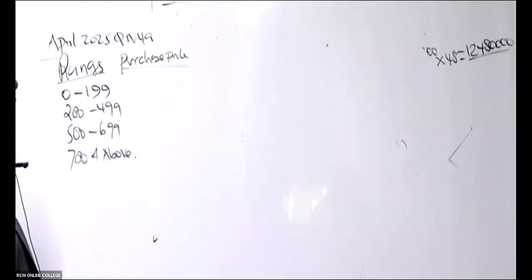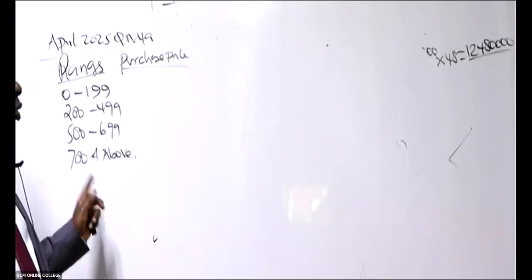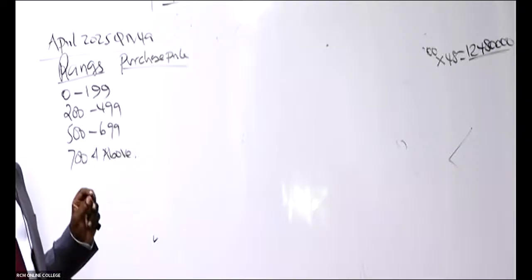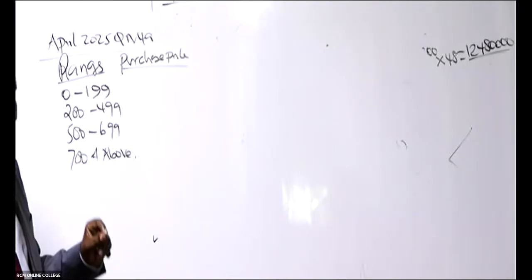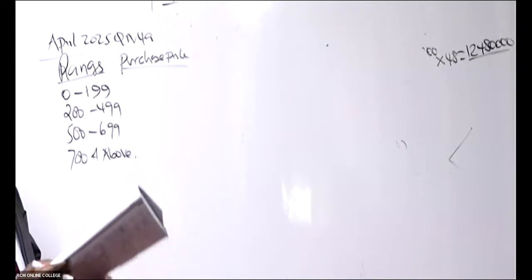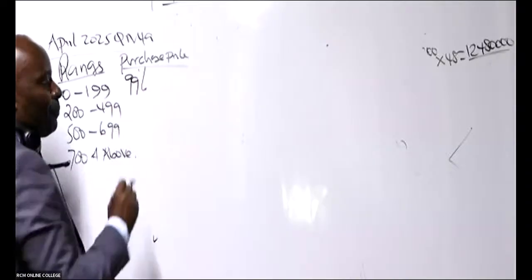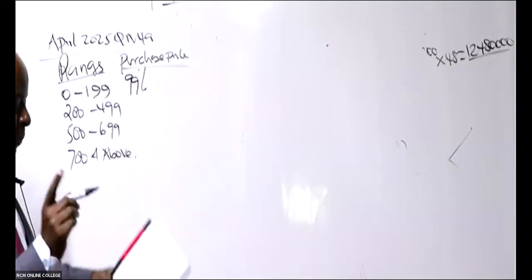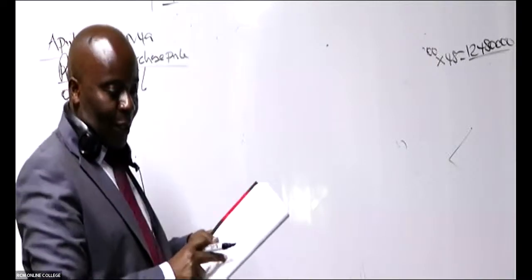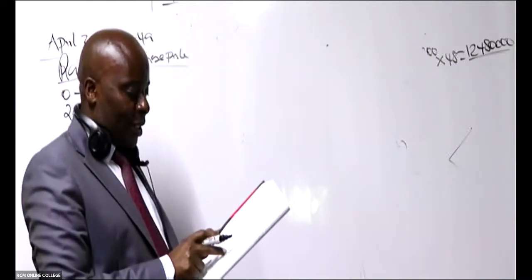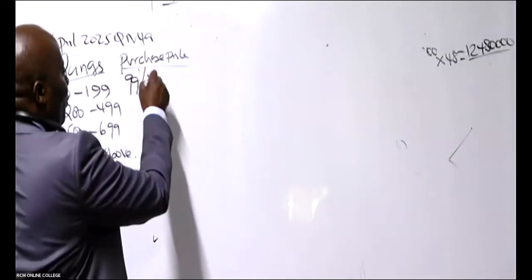The first one that I'm seeing there is that if we procure between 0 and 199, we shall get a 1% reduction in price because 1% is the discount. So in that case, we shall be procuring these goods at what percentage? 99%. The very original purchase price, I see it there as 15. So 99 times 15.